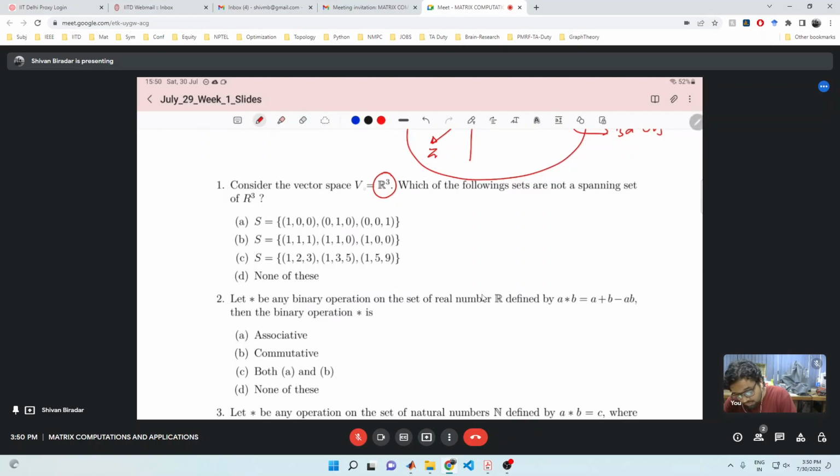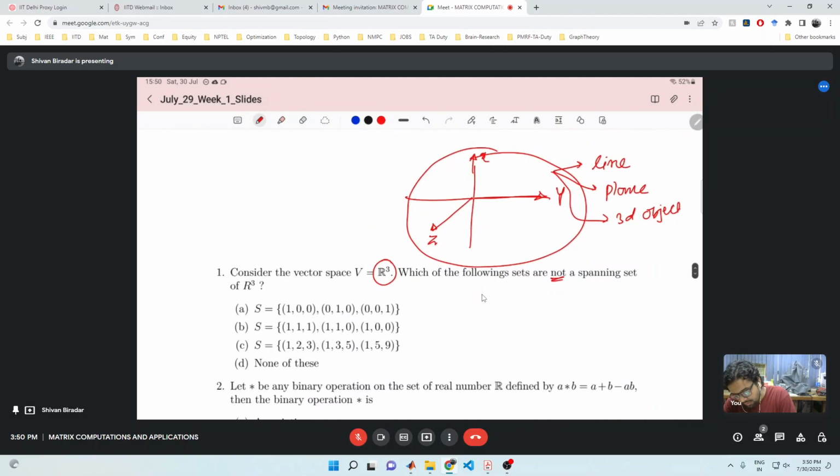So we have, which of the following sets is not a spanning set. Remember this: (1, 0, 0) would mean that X is 1 here, this one, and Y is 1 here, and Z is 1 here. So that point would be somewhere here.